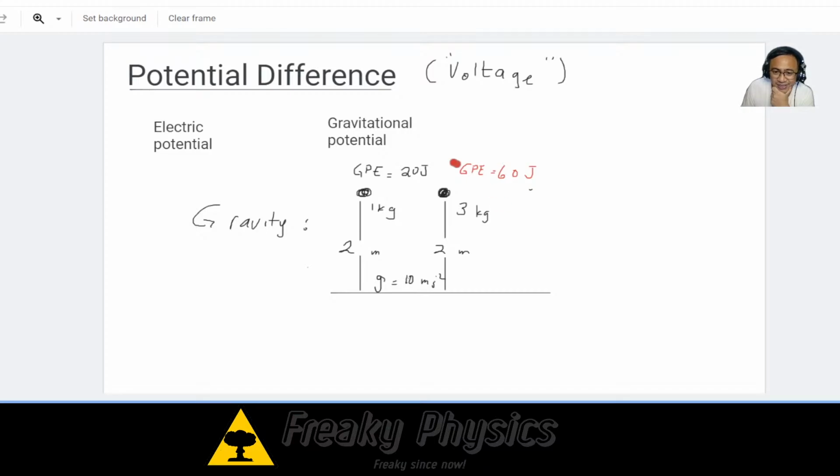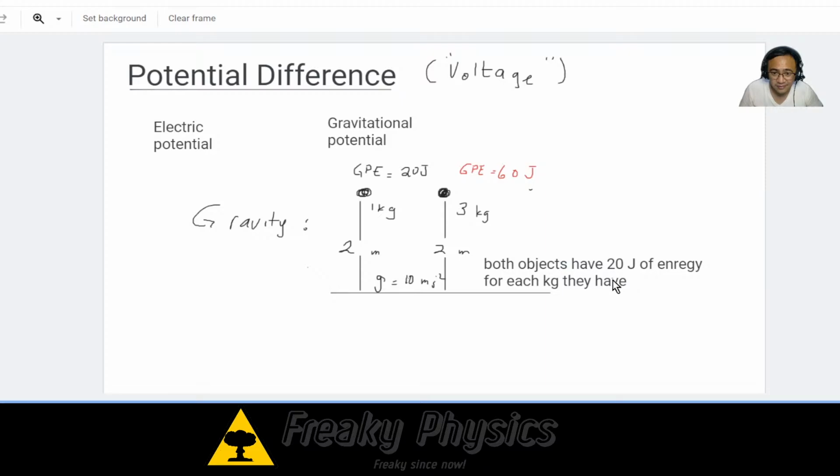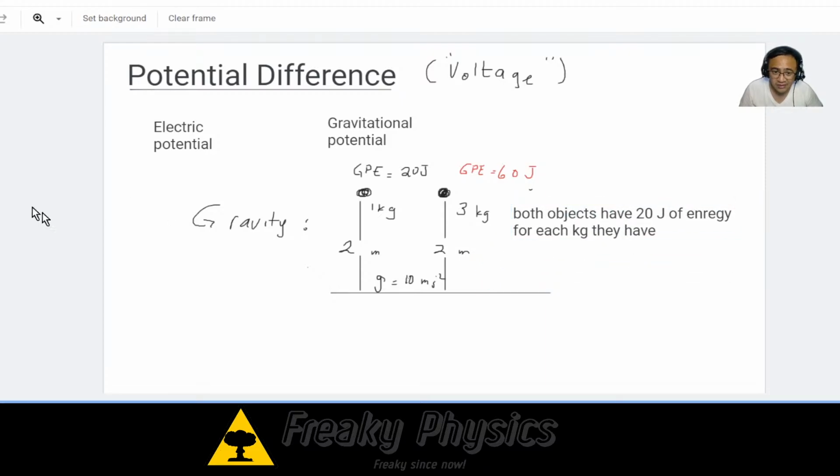So the idea here is, if you think about this, both objects have 20 joules of energy for each kilogram they have, right? So we're going to introduce the idea of gravitational potential.